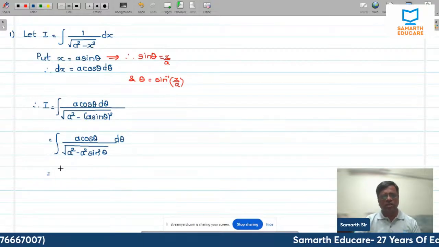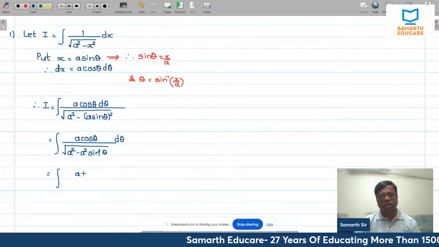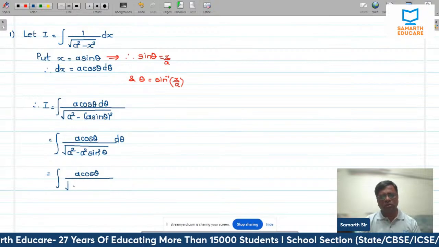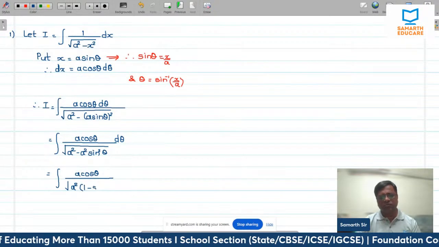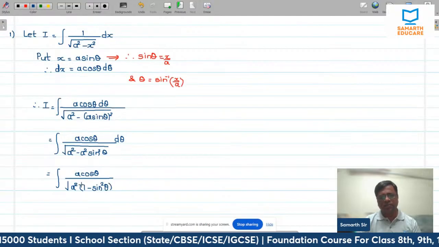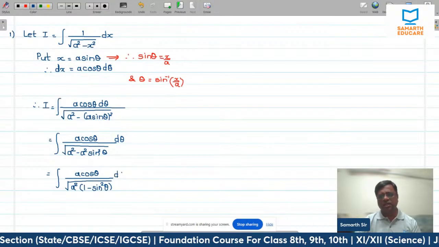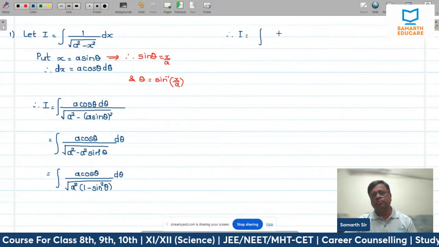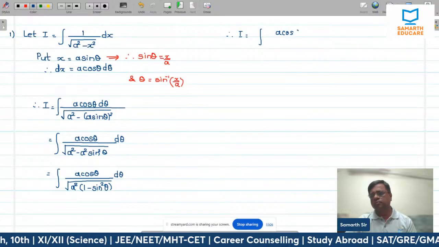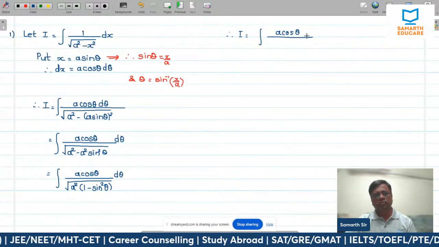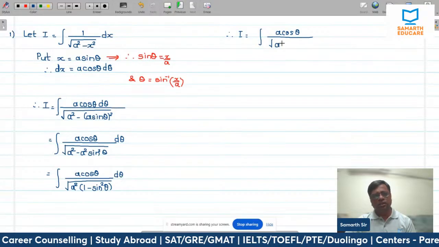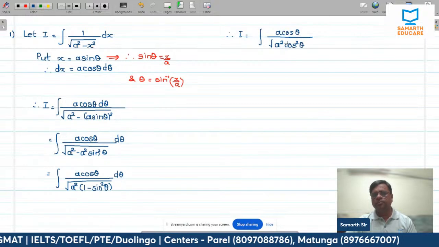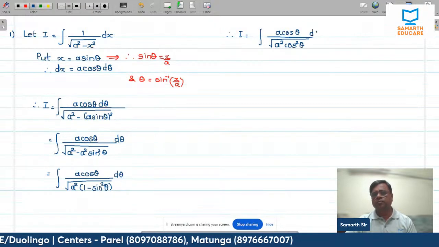Right. Now that is equal to a cos theta upon, here if I take a square common, inside the bracket it will be 1 minus sine square theta, d theta. Now I is equal to a cos theta divided by root of a square, and 1 minus sine square theta is cos square theta, d theta.